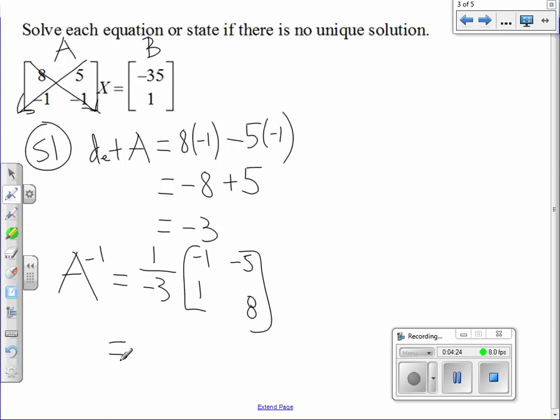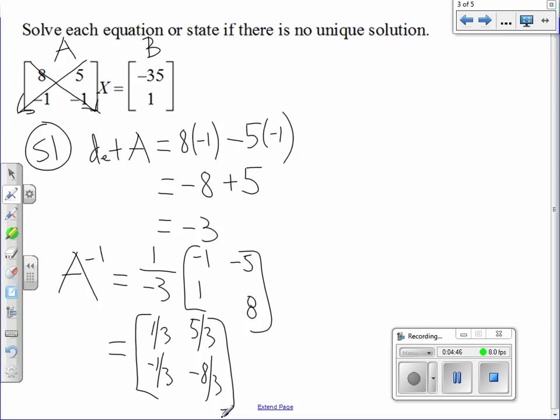If we carefully push that -1/3 through, we get -1/3, 5/3, and -8/3. I'm moving kind of quickly because we've already had some practice calculating inverses and dealing with fractions, but if it's still a little fuzzy, please pause the video and call me over, and I'll clarify.